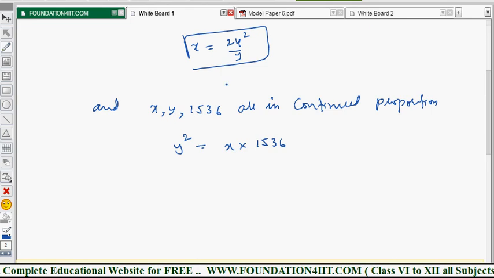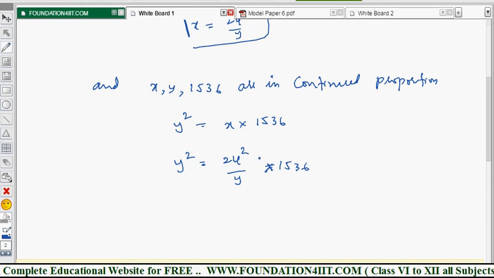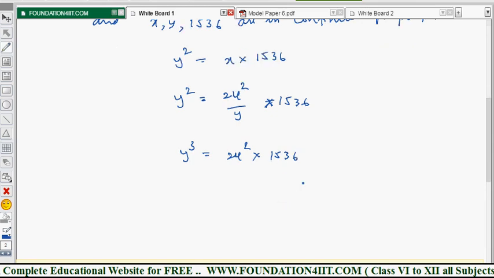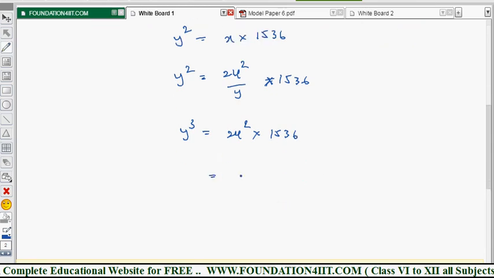Now let us substitute the x value in this place. Then y square is equal to 24 square by y into 1536. Take y to the other side, then y cube, y power 3, is equal to 24 square into 1536. By splitting these terms, we need to convert this into a cube.